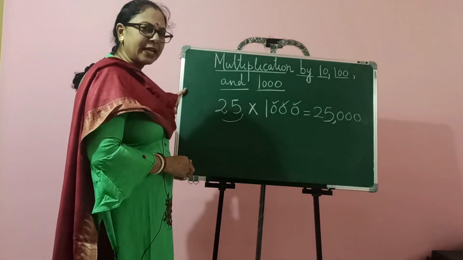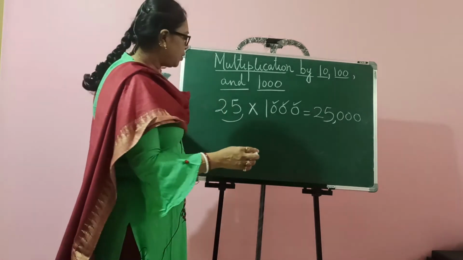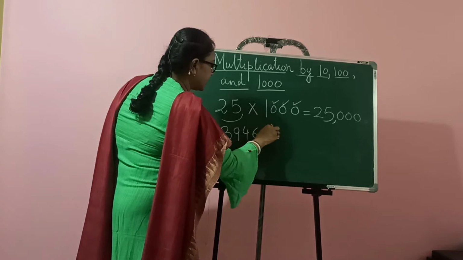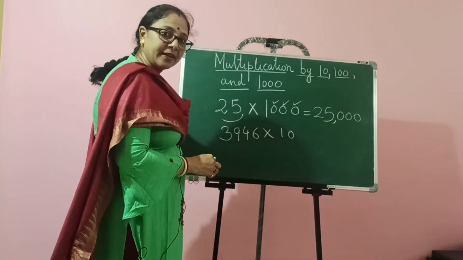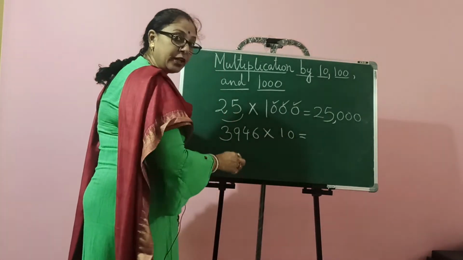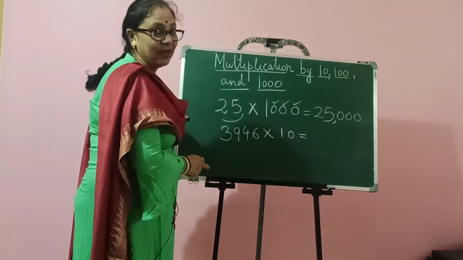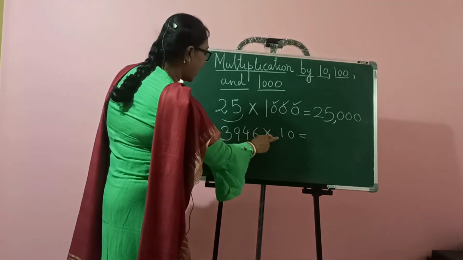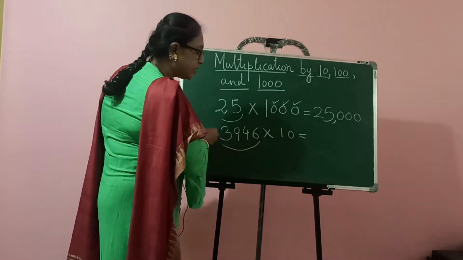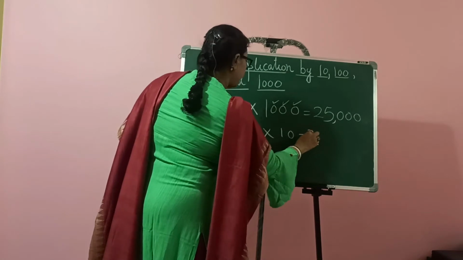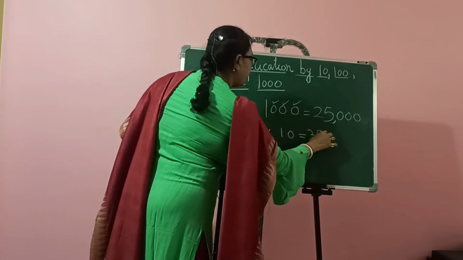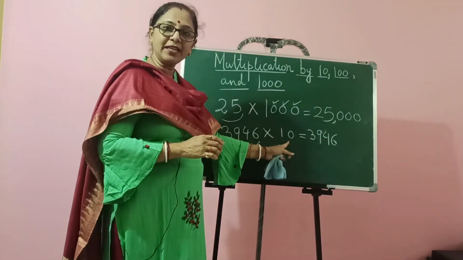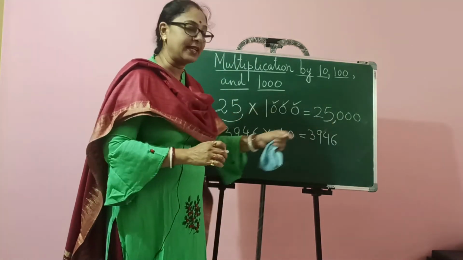Okay, now let's take another example with a very large number. Say you have 3,946 to be multiplied by 10. What do we do? Will you go for long multiplication? No, certainly not. You just have to write the non-zero number first, which is 3,946, and just add a 0 at the right hand side.